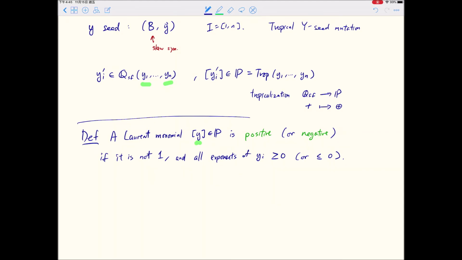So in particular, what we learned previously is that the sign coherence of the C vectors implies that the tropicalization of all the Y seeds we have are actually all positive or negative.